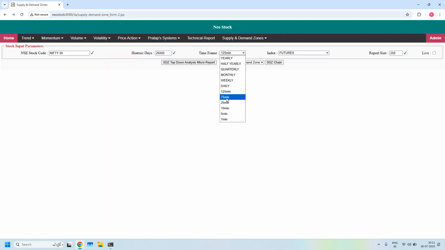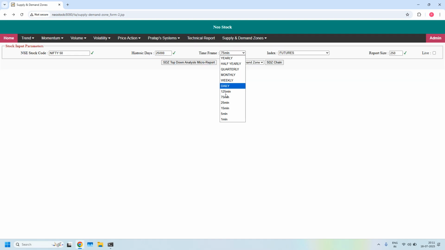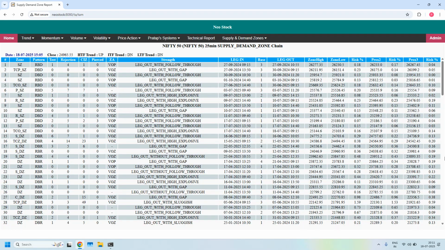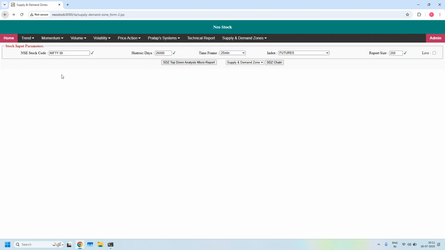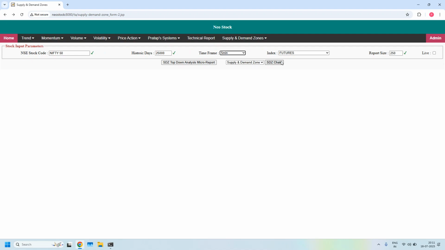Next, generating 75 minutes, 25 minutes, 15 minutes, and 5 minutes supply demand zone chains for Nifty.